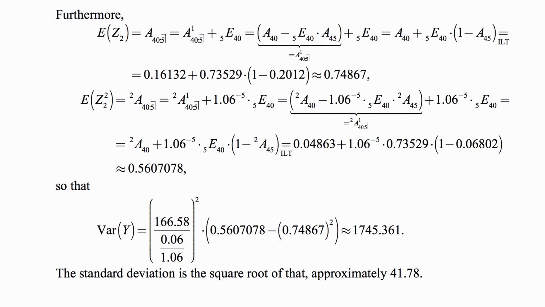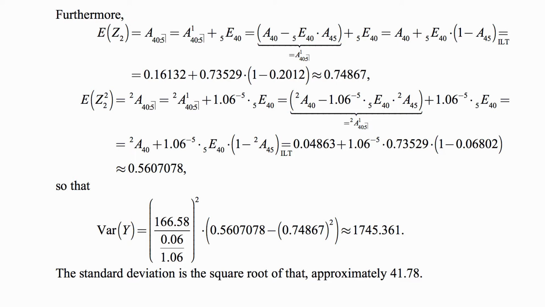Well, if you separate it into e to the minus 5 delta times e to the minus 5 delta, one of them taken with the probability of survival makes this 5E40, and the other one is left over. Then e to the minus 5 delta is the same as 1.06 to the minus 5. Of course, delta is the force of interest equivalent to the 6% effective annual rate.